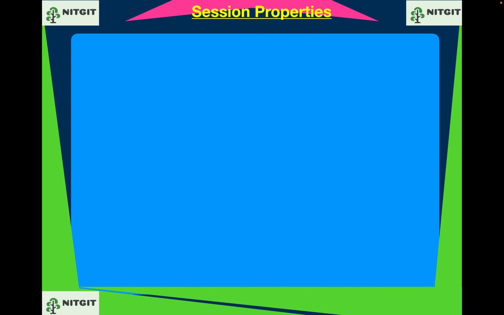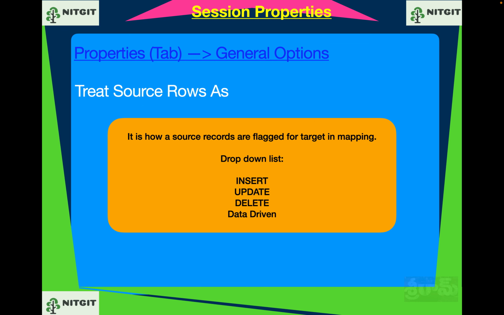Let us see the next property. Treat source rows as. It is how a source record is flagged for the target in the mapping. It may be insert, update, delete or data driven.